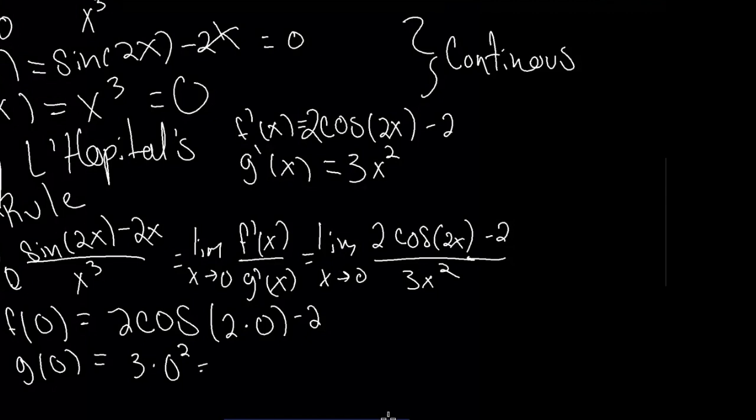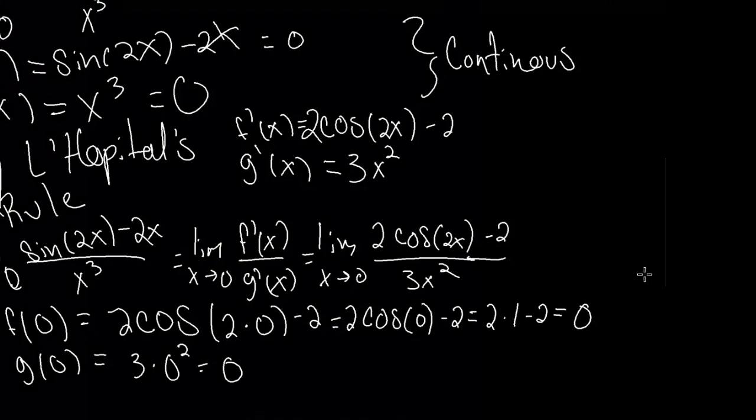We know that 0 squared is 0, and 3 times 0 is just going to be 0, because anything times 0 is just 0. Right, and we'll have 2 times cosine of 0 minus 2. And when we have cosine of 0, we know that cosine of 0 is going to be 1. So we have 2 times 1 minus 2, and that is just 0. So, right, we have this.